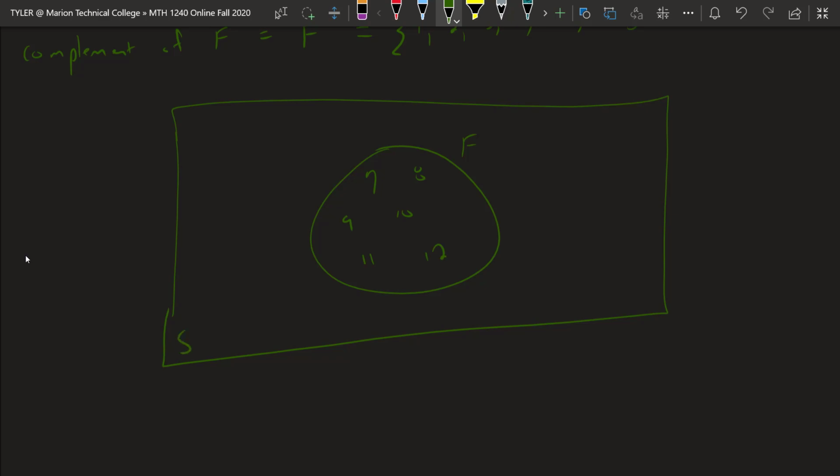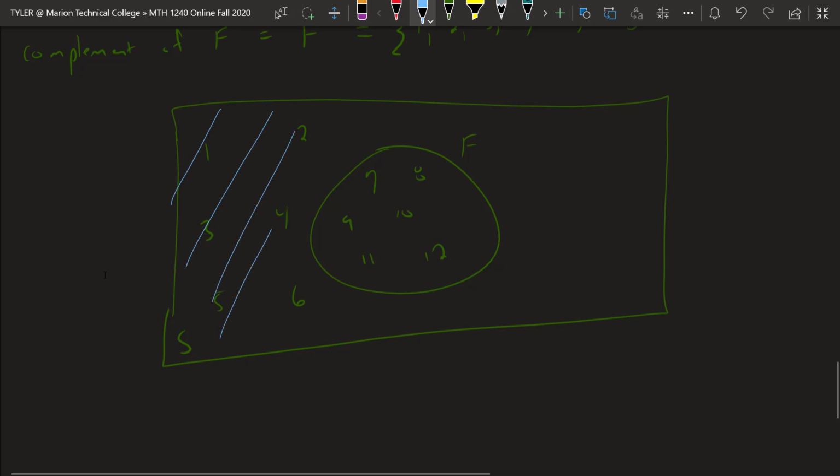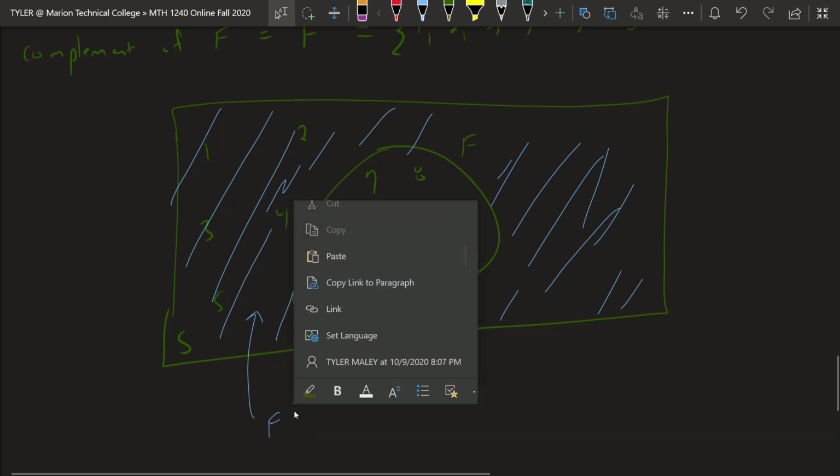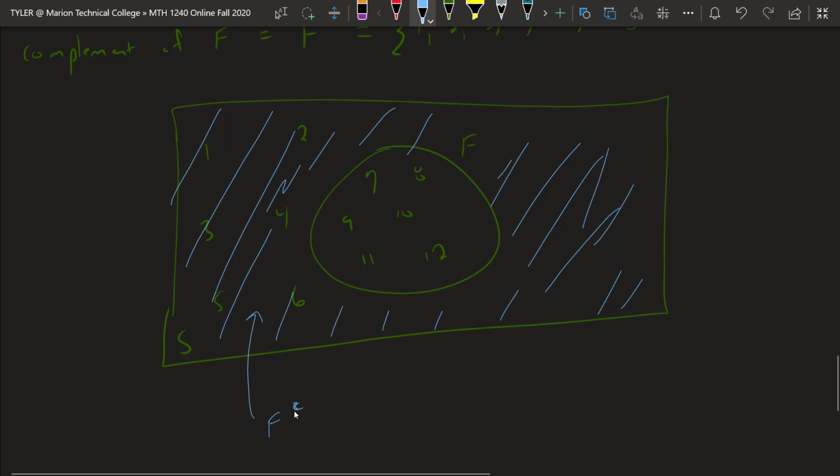Here's set S. Then what's not in F would be outside, which would be 1, 2, 3, 4, 5, and 6. All of this shading, outside the circle, represents F complement, the complement of F.